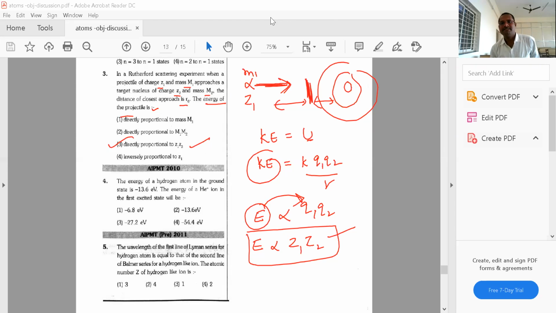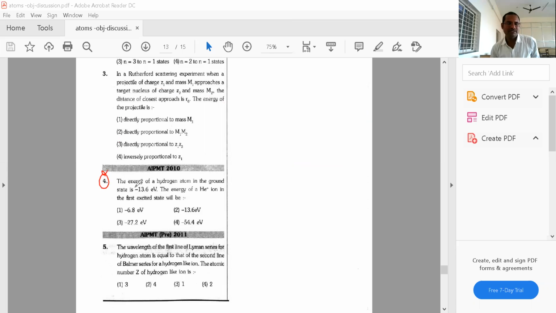Okay, next. Question number 4. The energy of hydrogen atom in ground state is minus 13.6 electron volt. Then the energy of helium ion in the first excited state? We know energy is equal to minus 13.6 Z square by n square. They have given helium, so Z value is 2, and n value?